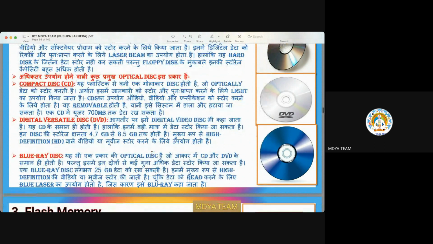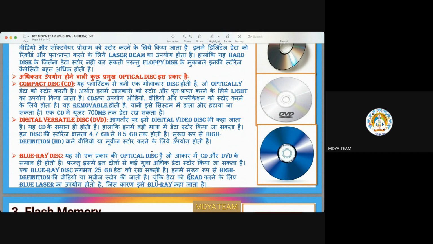Now, Blu-ray disc, again, it is an optical device, and the size of this disc is the same as CD or DVD, but the storage capacity is multiple times as compared to CD and DVD because it can store 25 gigabytes.